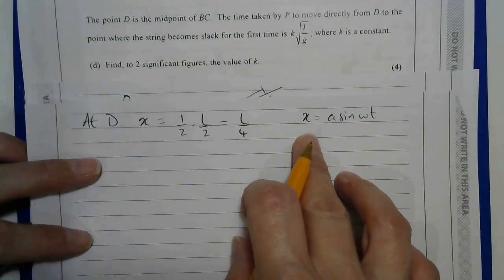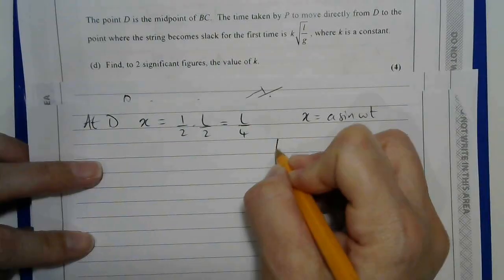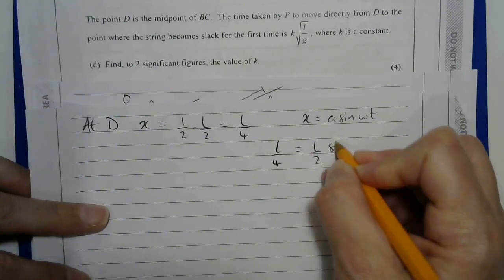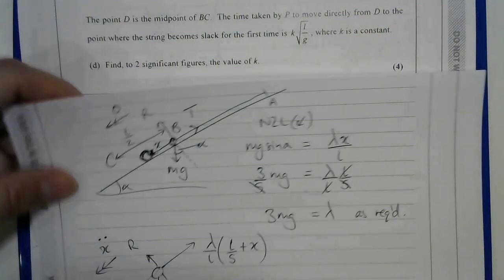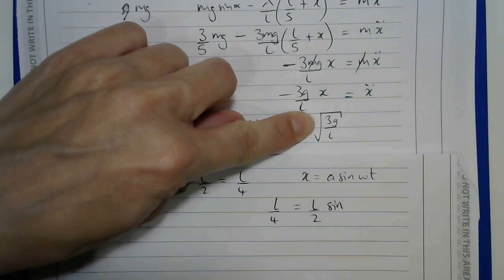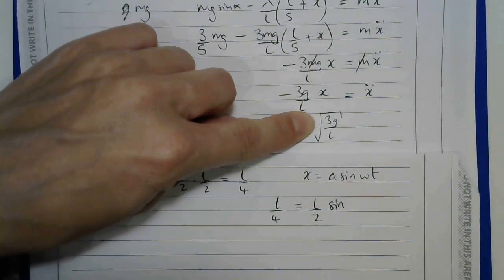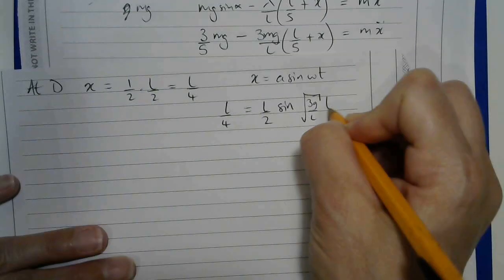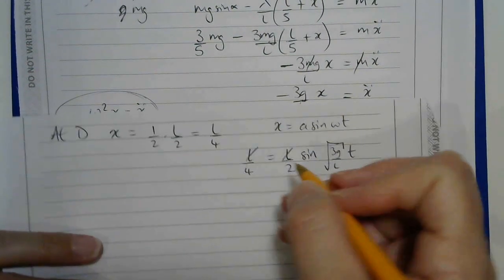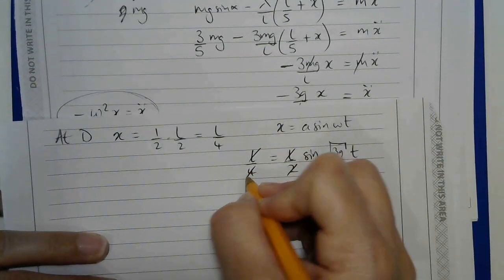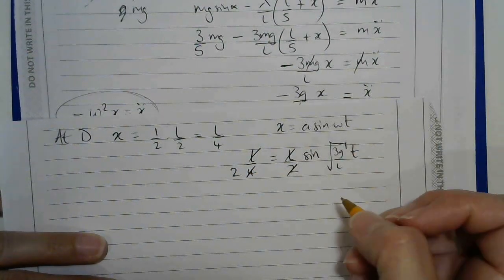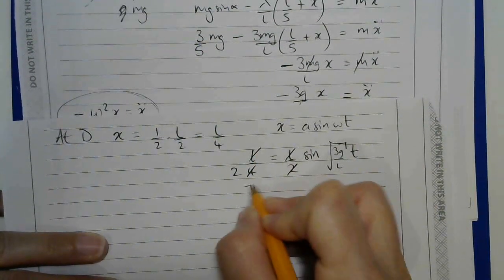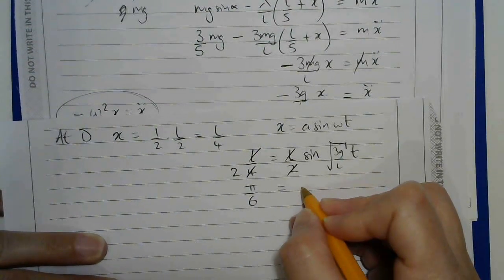So popping that in, I get x is L over 4, A was the amplitude, which is L over 2, sine and omega, looking back, was this, the square root of 3g over L, multiplied by t. So dividing both sides by L, multiplying both sides by 2, then I end up with inverse sine of a half, which is pi over 6, will equal this thing.